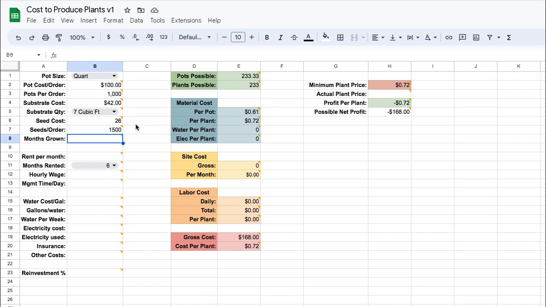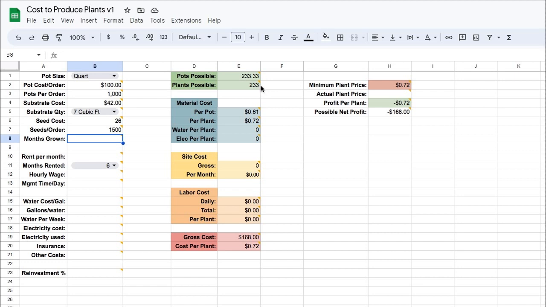So once we have these first couple of fields filled out, we're going to see our costs per plant and how many plants we have possible given our amount of substrate, the size of the pot we've selected to grow our plants in, and the cost of the seed and how many seeds we have.